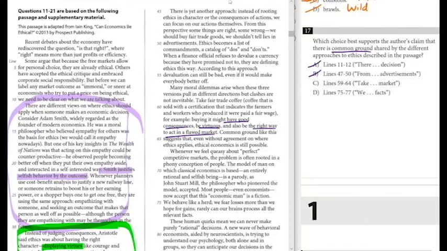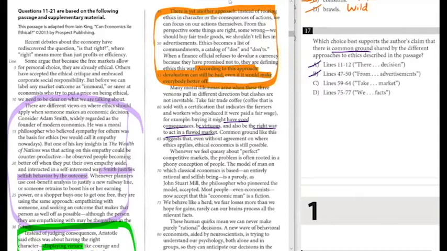The third part of the quote is the idea of being the right way to act in a flawed market. So in other words, tolerating imperfection. And that's right here, because according to this approach, devaluation can be bad, even if it would make everyone better off.